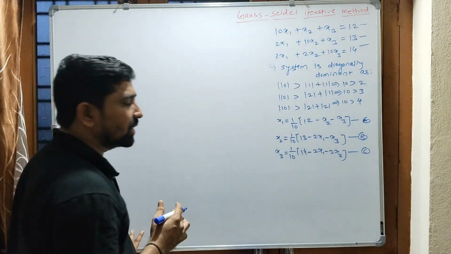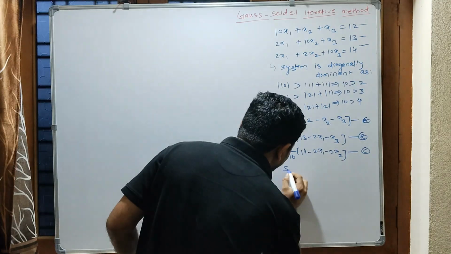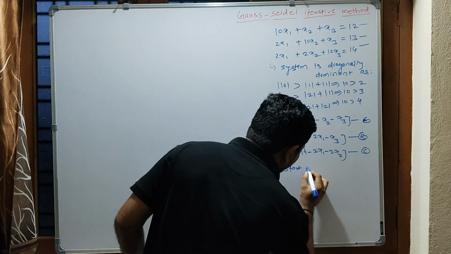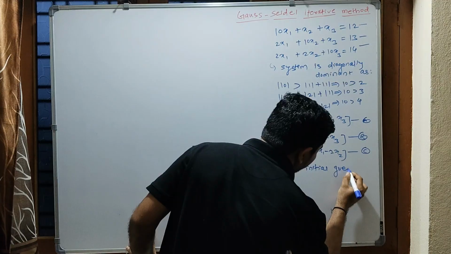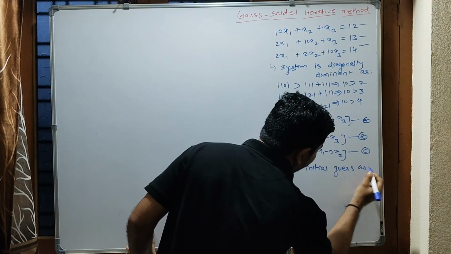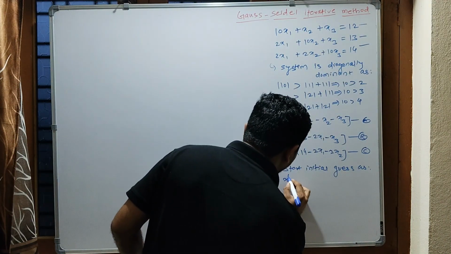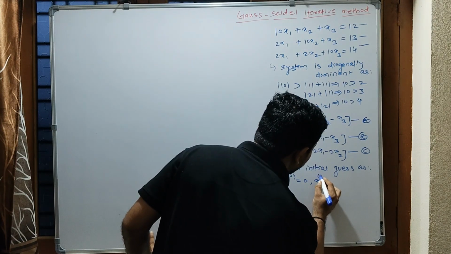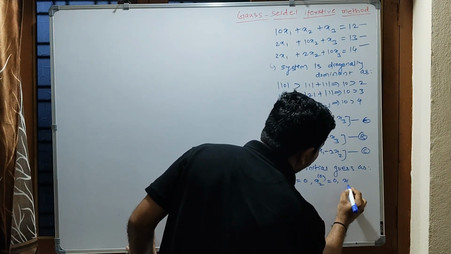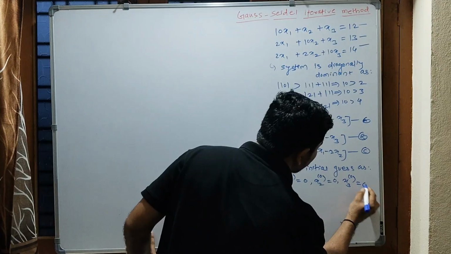Now start with the initial guess: x1 at 0 is 0, x2 at 0 is 0, and x3 at 0 is 0.